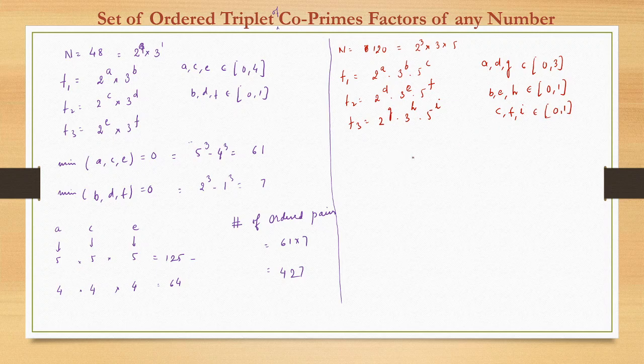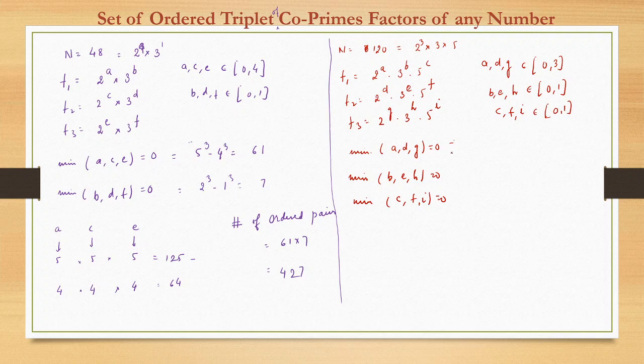Now we have to ensure that the HCF of f1, f2, f3 is 1. So here what we mean is, the minimum of a, d and g is 0. Similarly, the minimum of b, e, h is 0 and the minimum of c, f, i is 0.